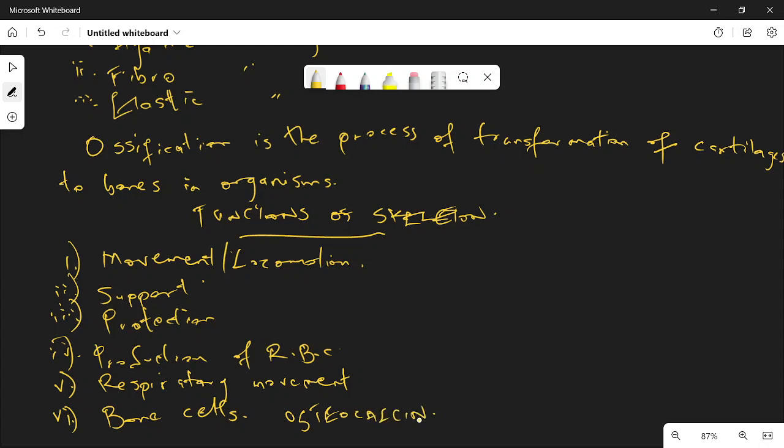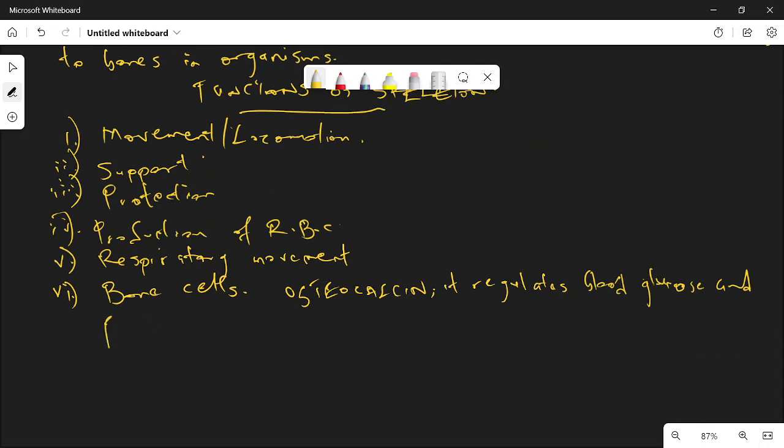That is the hormone that regulates blood glucose and fat deposits. So that is about what we had in our last class.